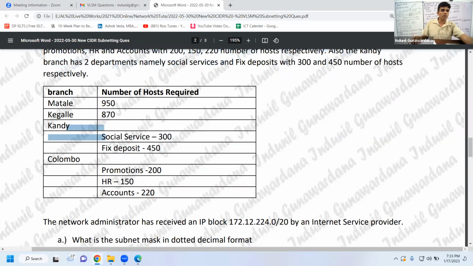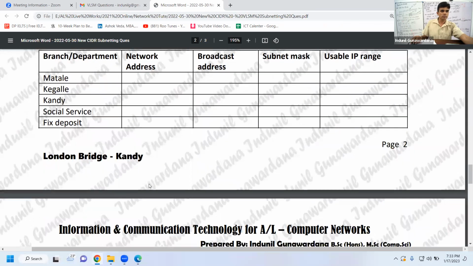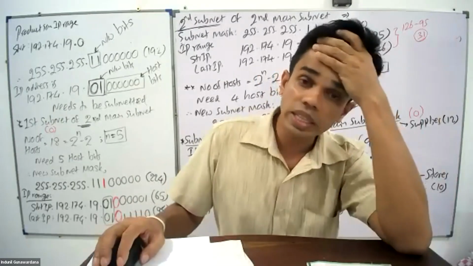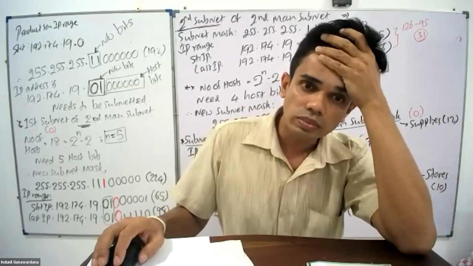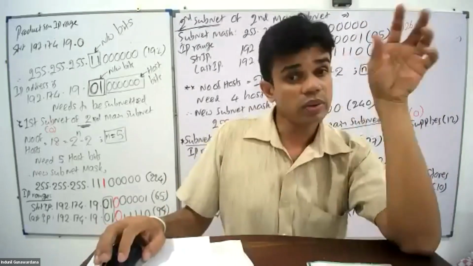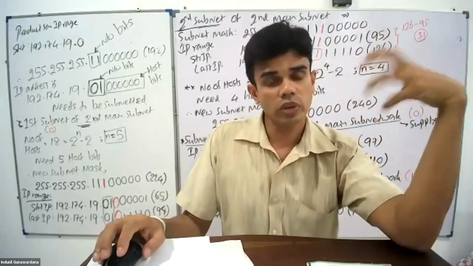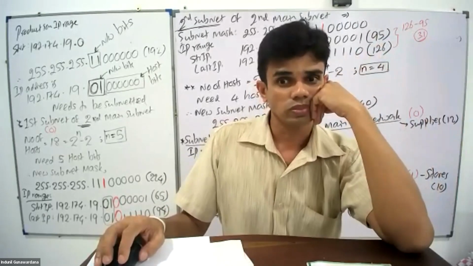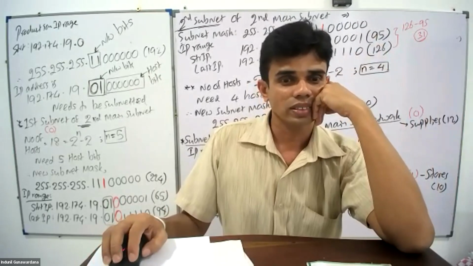It says that for Kandy we have these subnets, then for Colombo these subnets, so you have to carry them out. So there are those questions available. I'll send that to you. You may work on it, and whenever you have doubts, ask me and I'll help you. Understood? Fine.